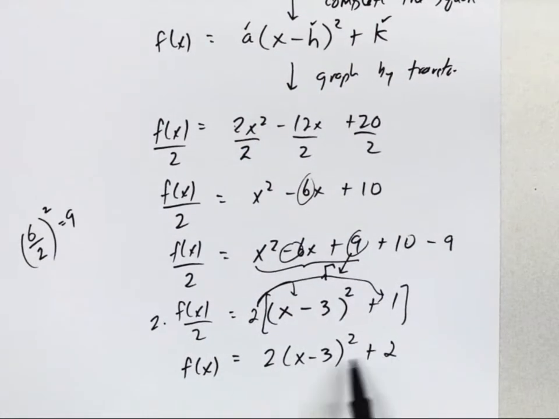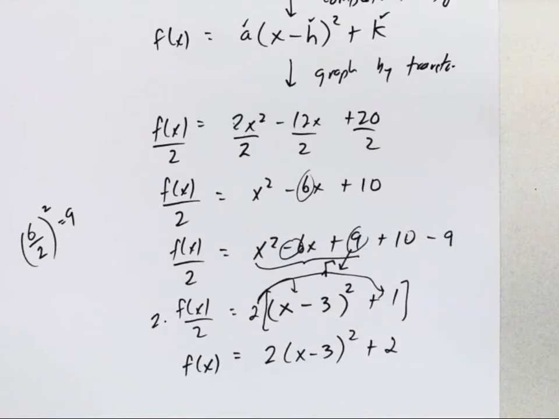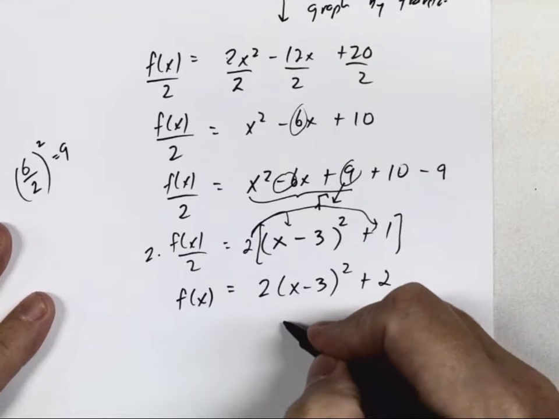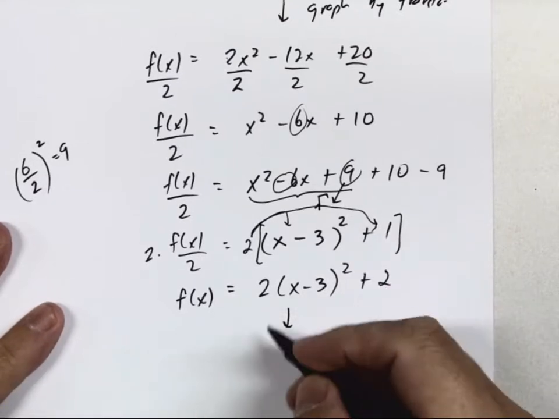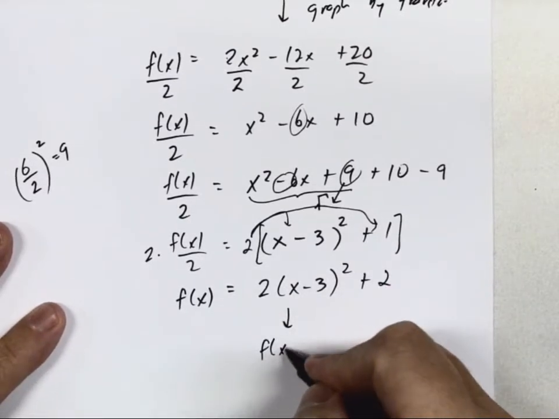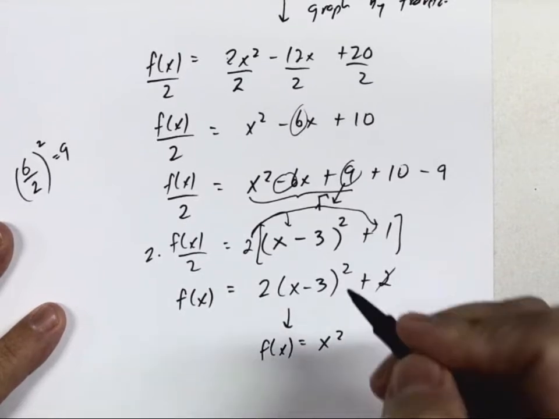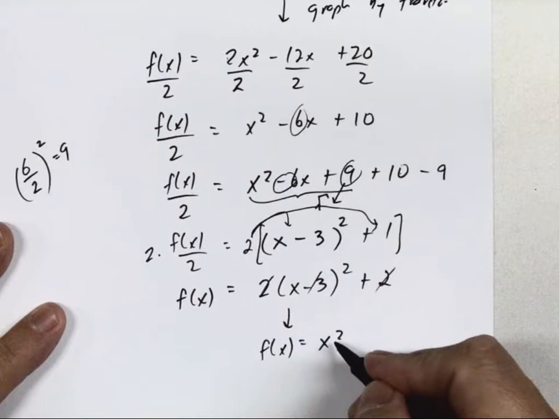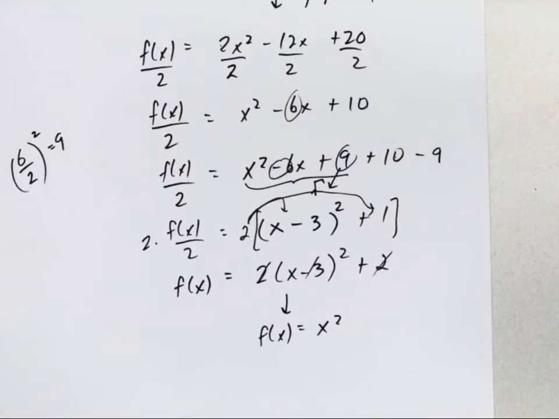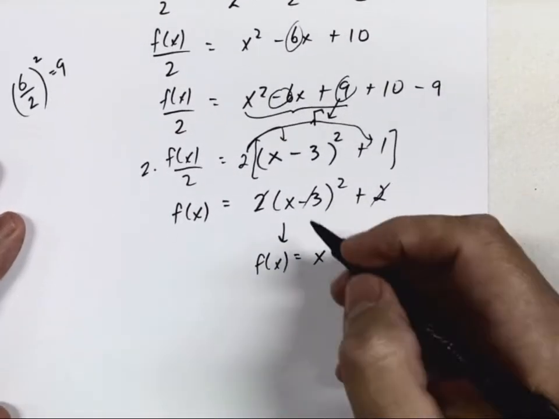So now I want to graph this using transformations, which is sort of crazy because now I'm going to have to break it down into the parent function. You get rid of the 2, the -3, the 2, and you strip it down to x squared. Now let's see if we can do this pretty quickly.